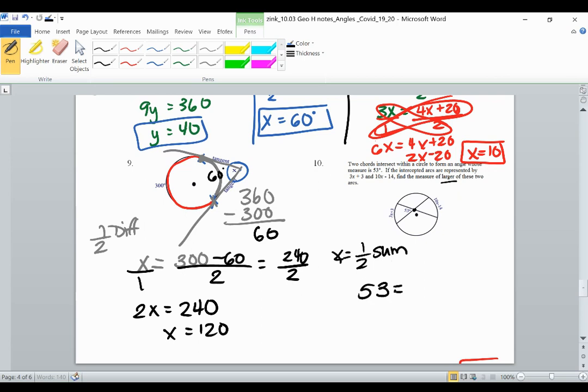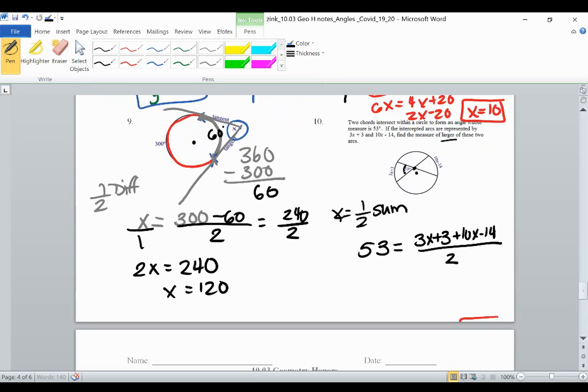So 53 degrees is equal to 3x plus 3 plus 10x minus 14 all over 2. Remember, it's the sum of its intercepted arc and the arc of its vertical angle. You have to add them both together.